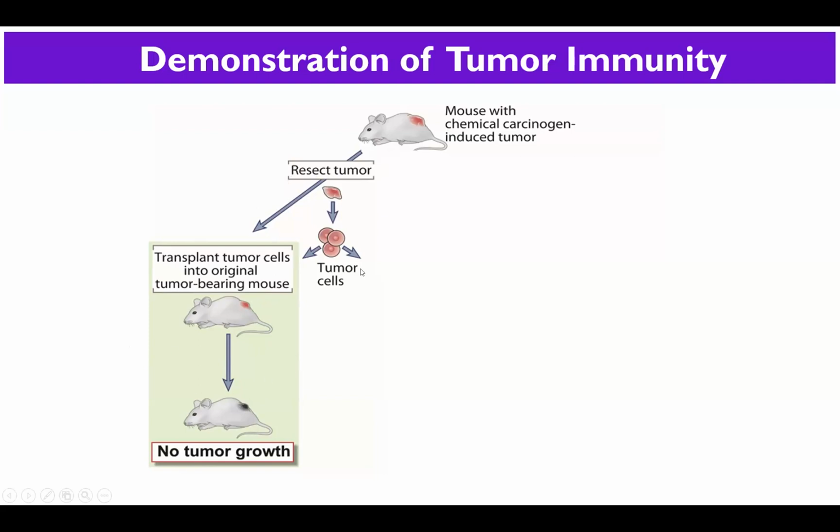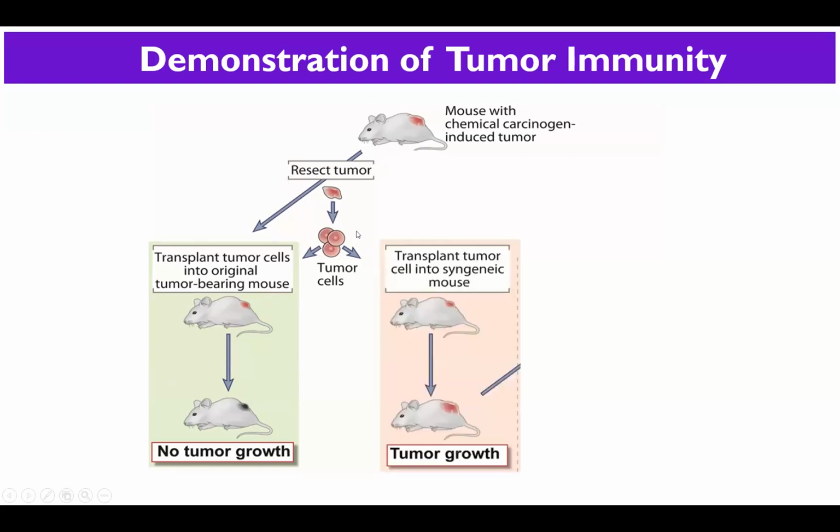To prove it further, they took those tumor cells and injected them into a naive mouse. And they saw that there's nothing wrong with the cells, because if you transplant them into a syngeneic mouse, from the same MHC background, you're able to induce a tumor, and that tumor ends up thriving.